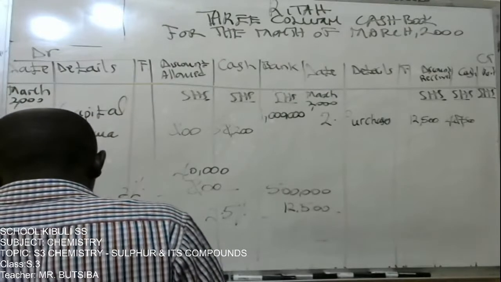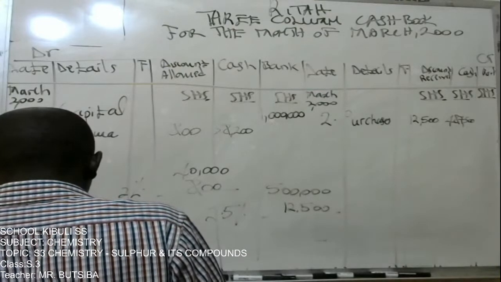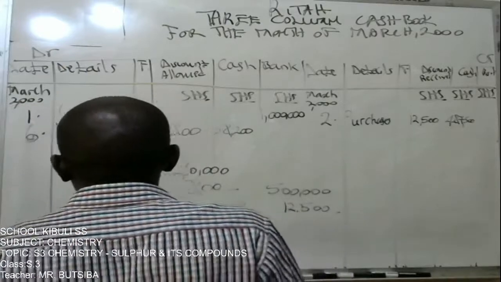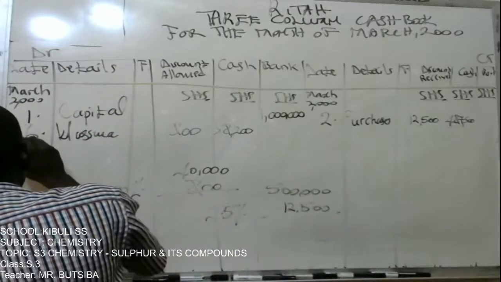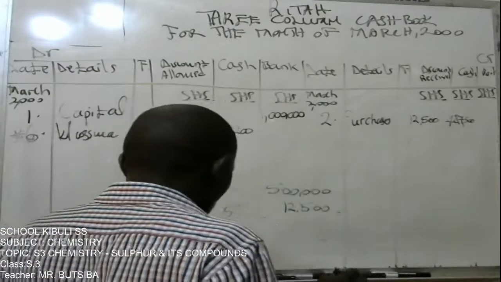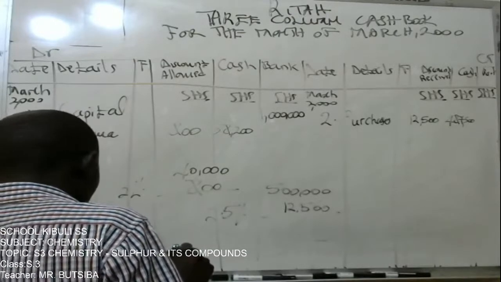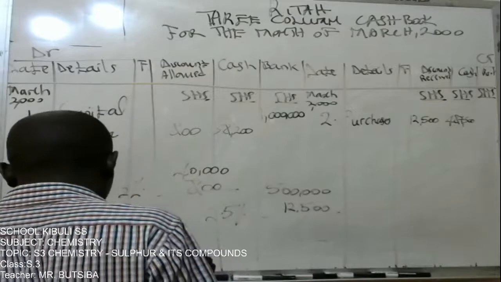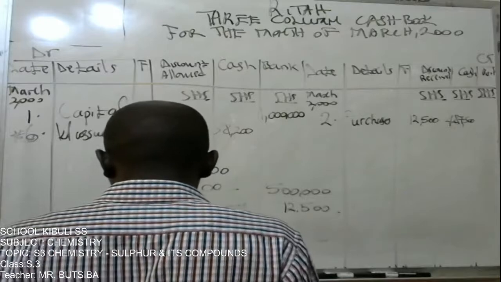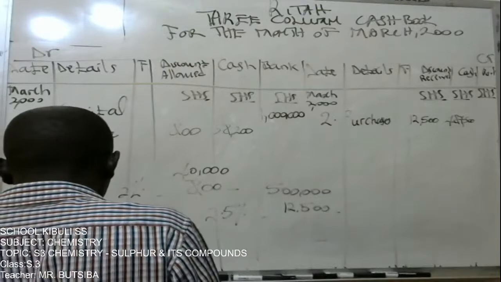Let's go back to this transaction. There is an oversight here, class. Let's read the transaction again. I don't know whether someone had observed it. Sold goods to Waswa 40,000 less 2% discount.